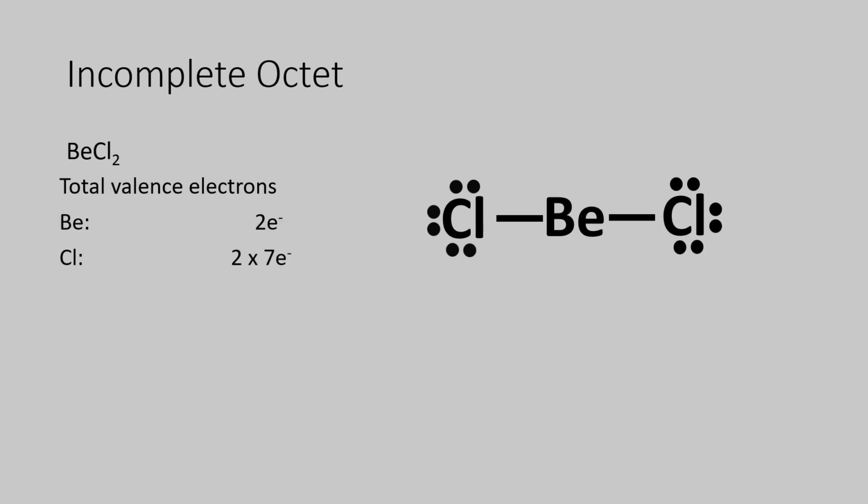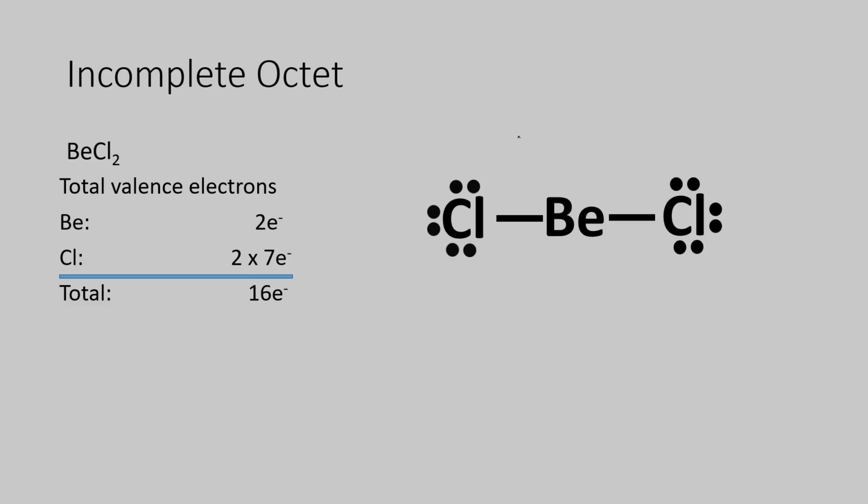Beryllium 2, chlorine ada 2, and group 17, so dia ada 7 valence electron each. The total is 16. Kita tengok, kita dah guna 16 tak? 1, 2, 3, 4, sini 6. Sini 12. Tambah sini lagi 6, 12. 13, 14, 15, 16. So, dah tak ada electrons left kan?